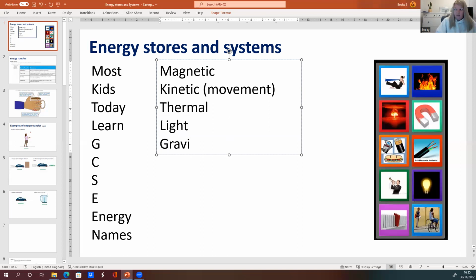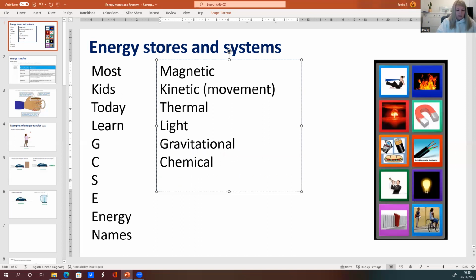G is gravitational. So anything that is at some form of height has gravitational energy. It's got the potential to fall due to gravity. We've got chemical, sound, elastic.